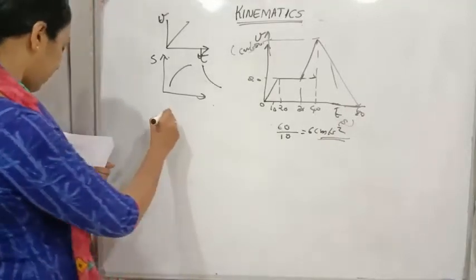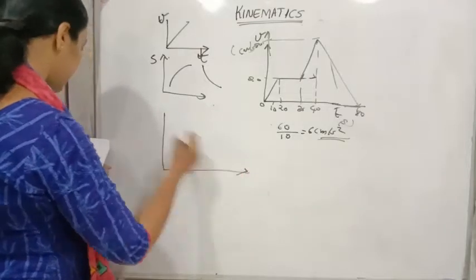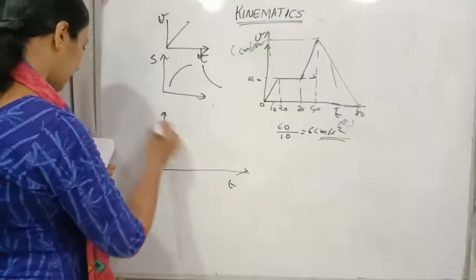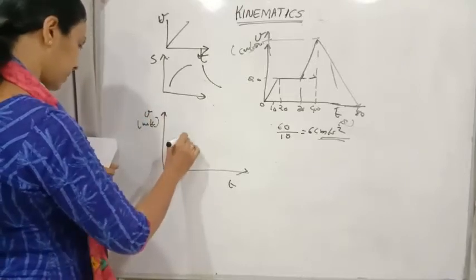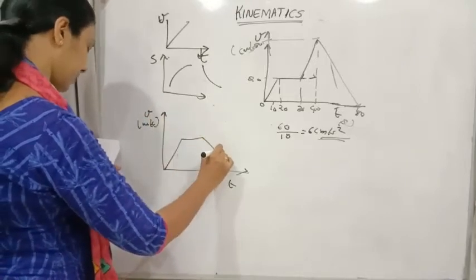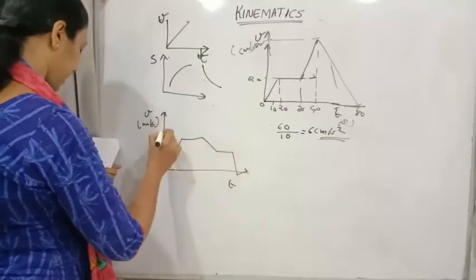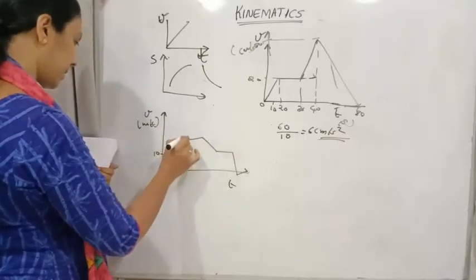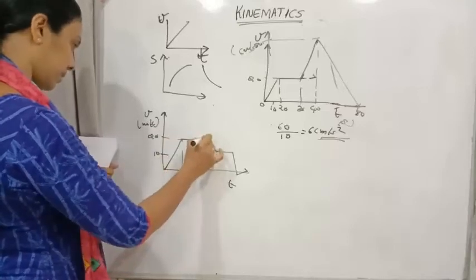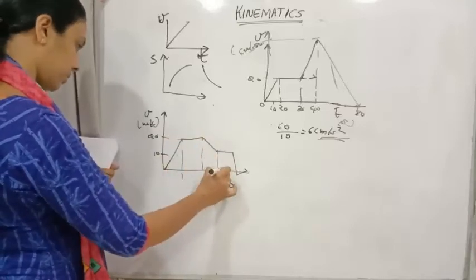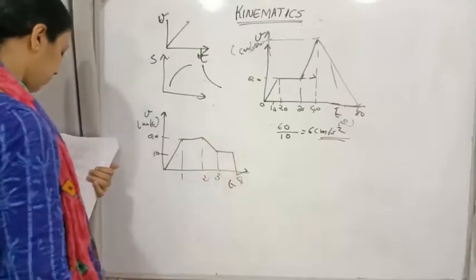in the adjoining figure. Okay, here time is given and here it is velocity in meter per second, like this, here it is 10, here it is 20, here 1, here 2, here 3, here it is 4.